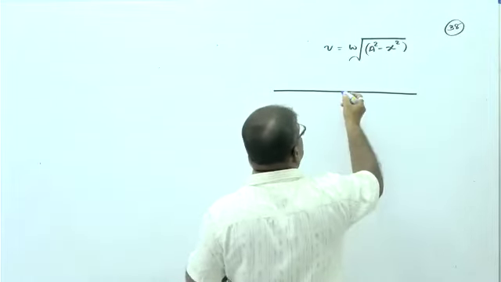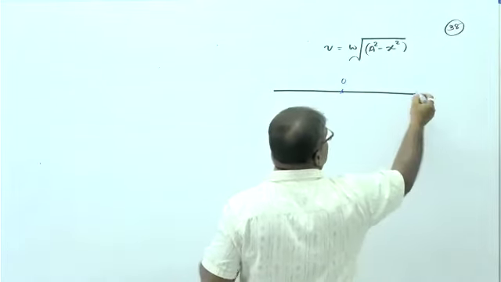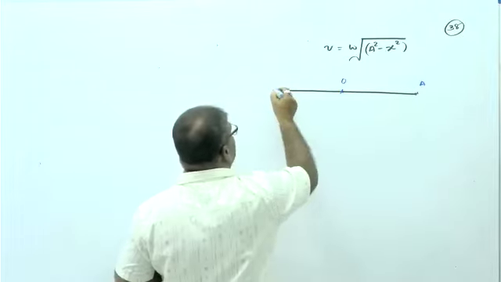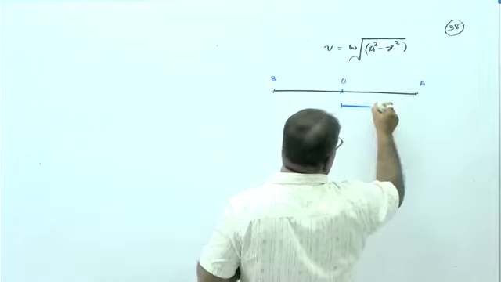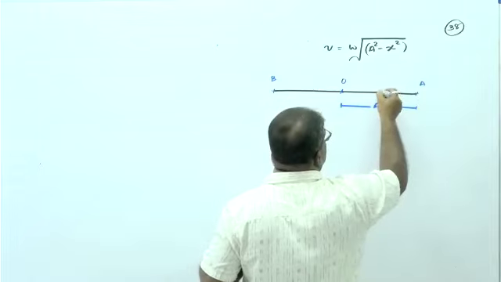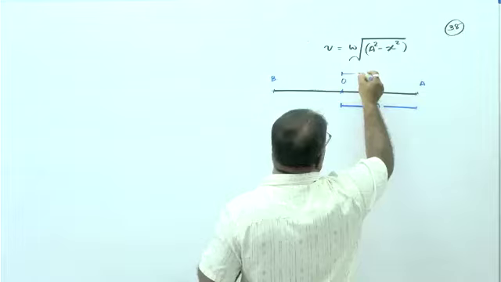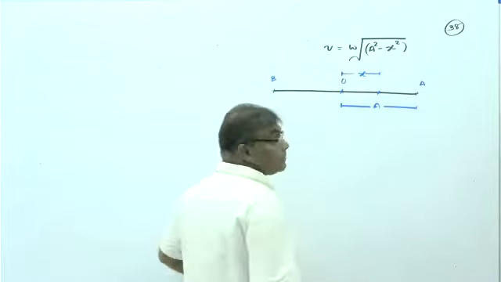If this is the center of oscillation O, here A and here B, this is the amplitude. Here, we can say the displacement is x.